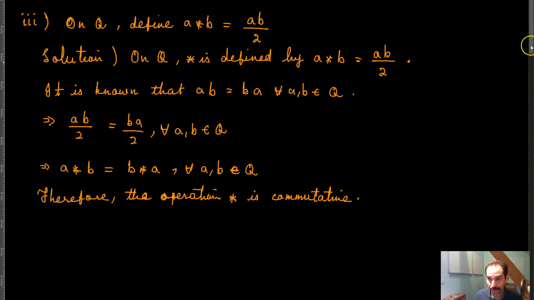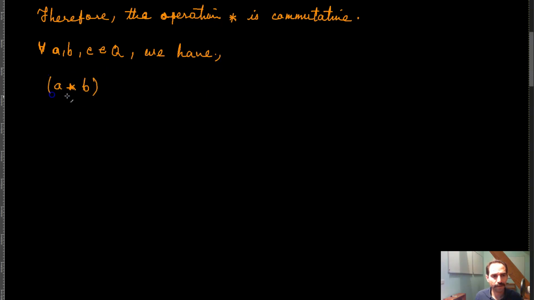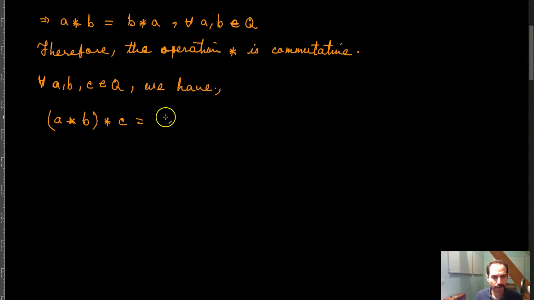Now, for being associative, for all A, B, and C belonging to Q, we have A star B star C is equal to, based on the rule that we had up here, AB divided by 2 star C, which is the same thing as basically A times B times C divided by 2.